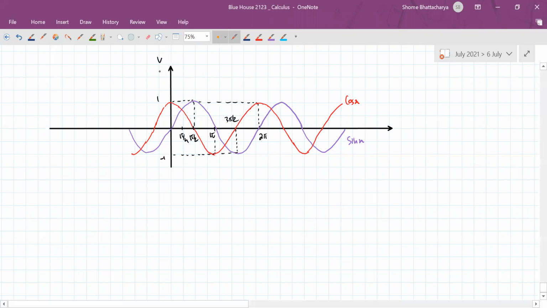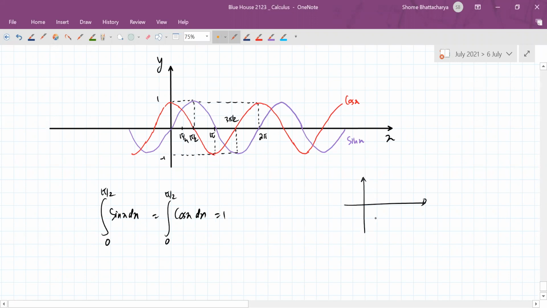So because of this, it comes as no surprise that the integral of sin x from 0 to pi by 2 is exactly equal to the integral of cos x from 0 to pi by 2. And they are both equal to unity, because if you individually look at them, the sin x graph between 0 and pi by 2 is like this, whereas the cos x graph is like this.